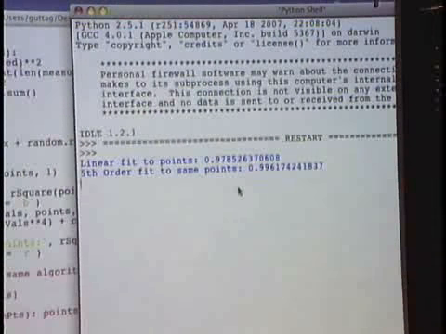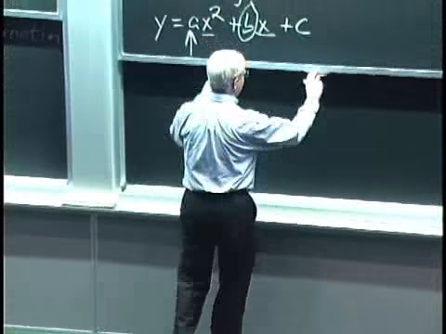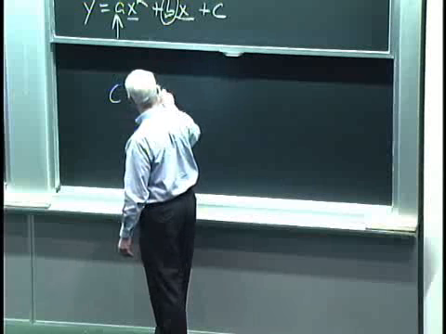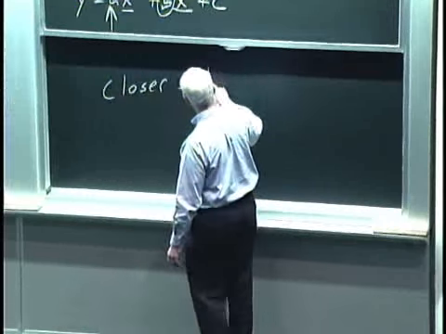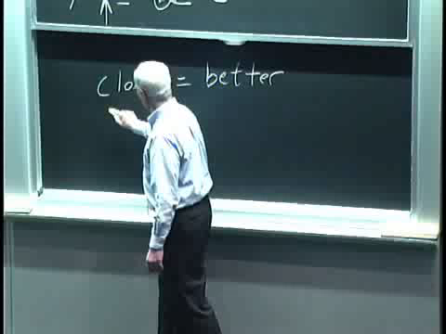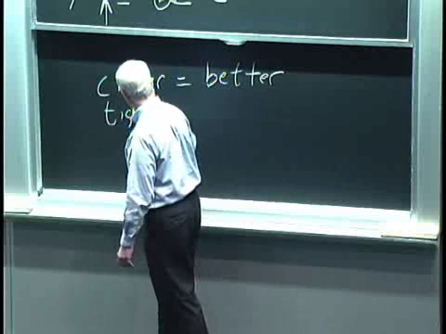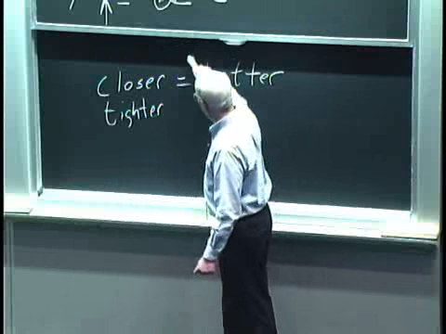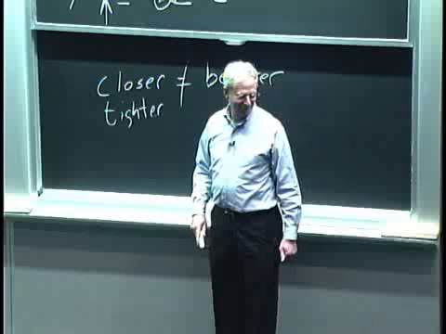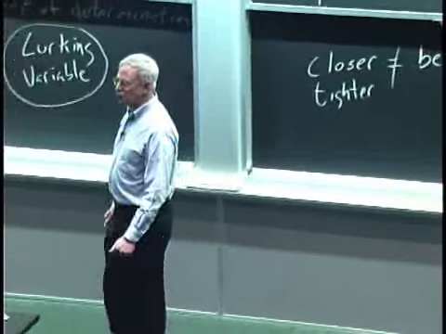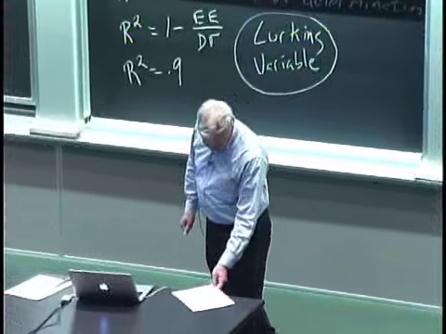But that raises the very important question, does closer equal better? Or tighter, which is another word for closer. And the answer is no. It's a tighter fit, but it's not necessarily better in the sense of more useful.